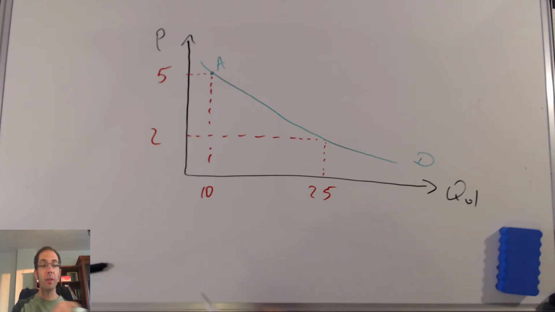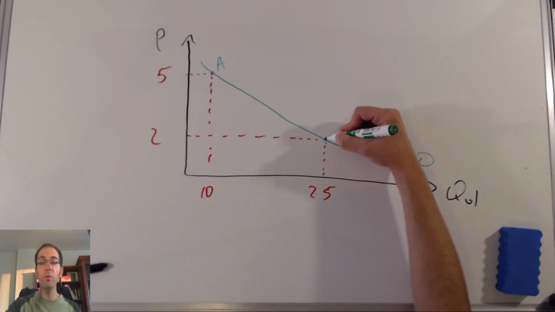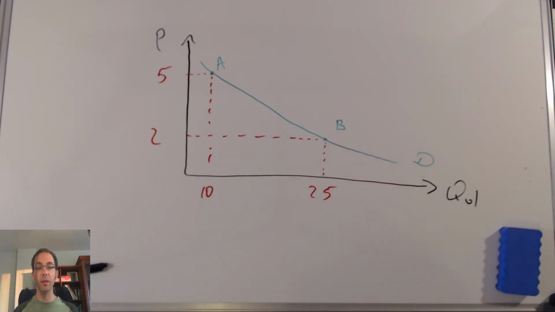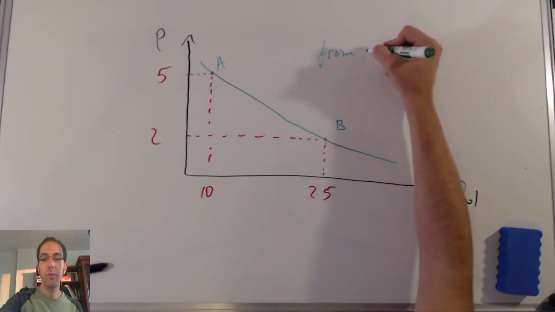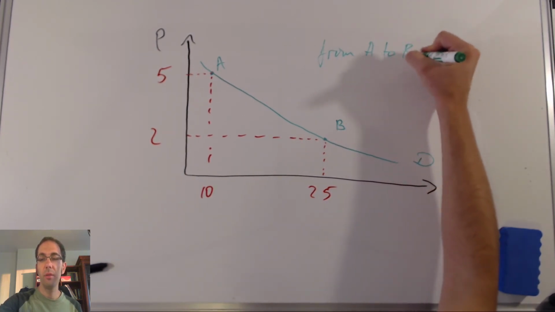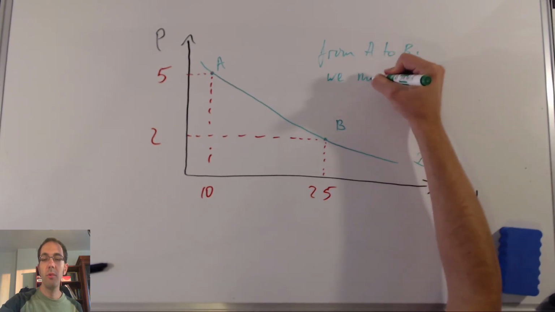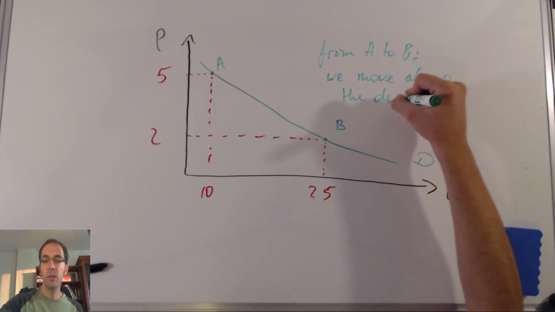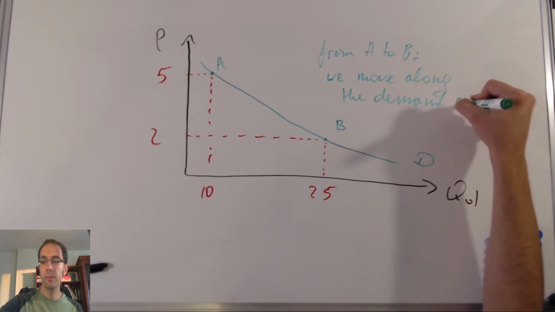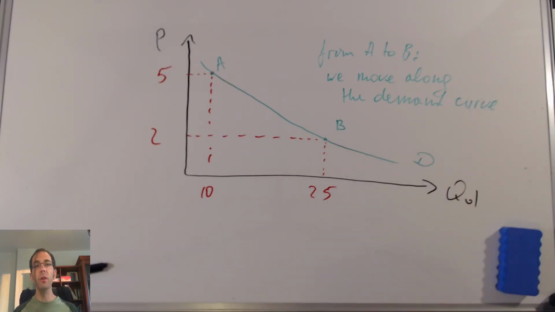As we lower the price to 2, we say that we move along the demand curve from A to B. The reason we move along is because we are effectively staying on the same demand curve. There is no new demand curve that is generated, and that's why we use the term we move along.